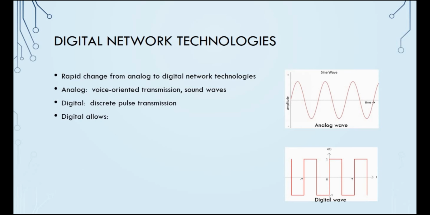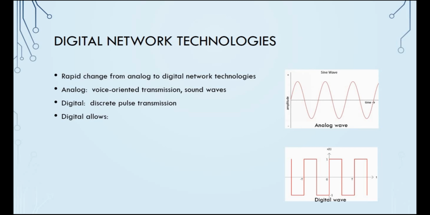Digital is a discrete pulse transmission. The wave of digital is denoted by square waves. Examples are computers, CDs, DVDs, and other digital electronic devices.